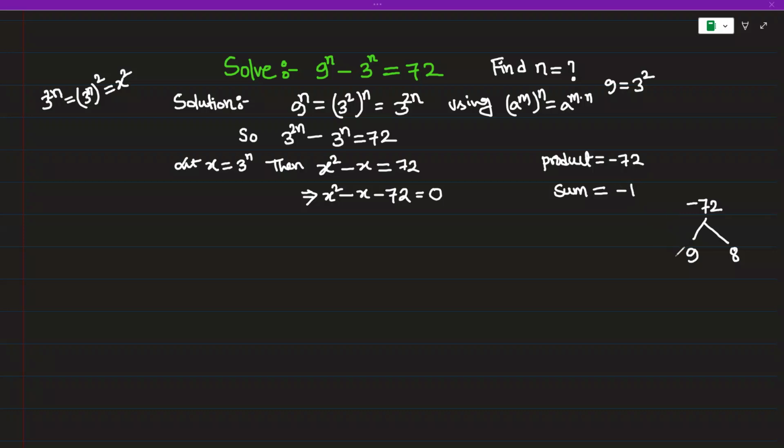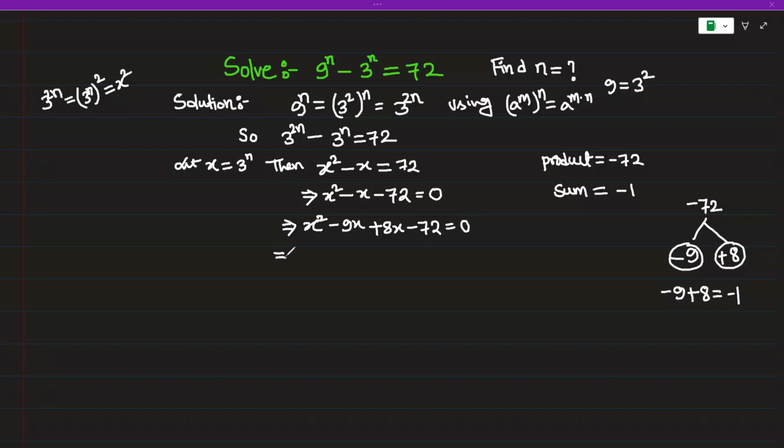That means if we take minus 9 and positive 8, their sum will be minus 9 plus 8 equal minus 1. So we can write this quadratic equation as x squared minus 9x plus 8x minus 72 equal 0.